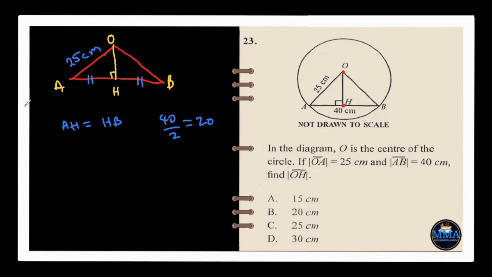So what that means is that we are going to have AH as 20 and HB as 20. Okay, so remember we are looking for OH, and so let's pick up one part of the triangle now.